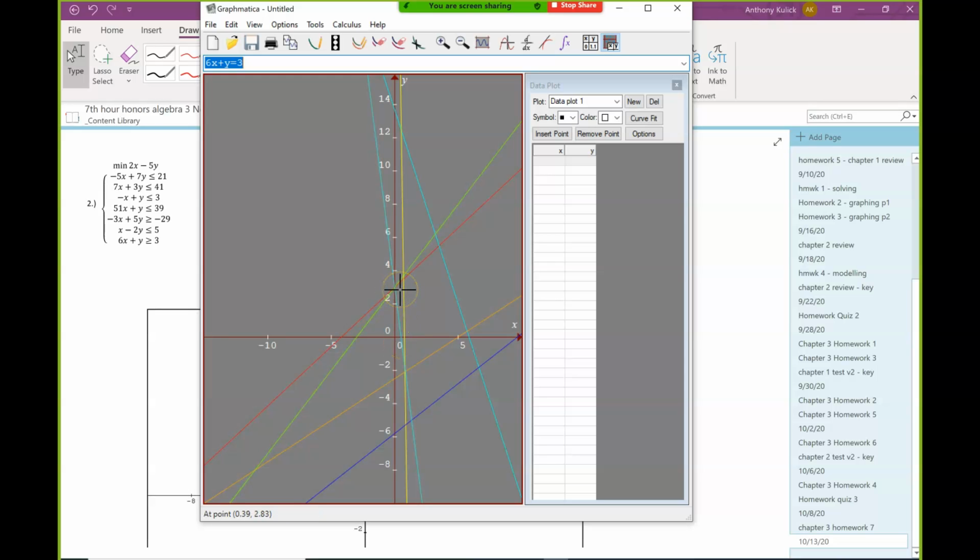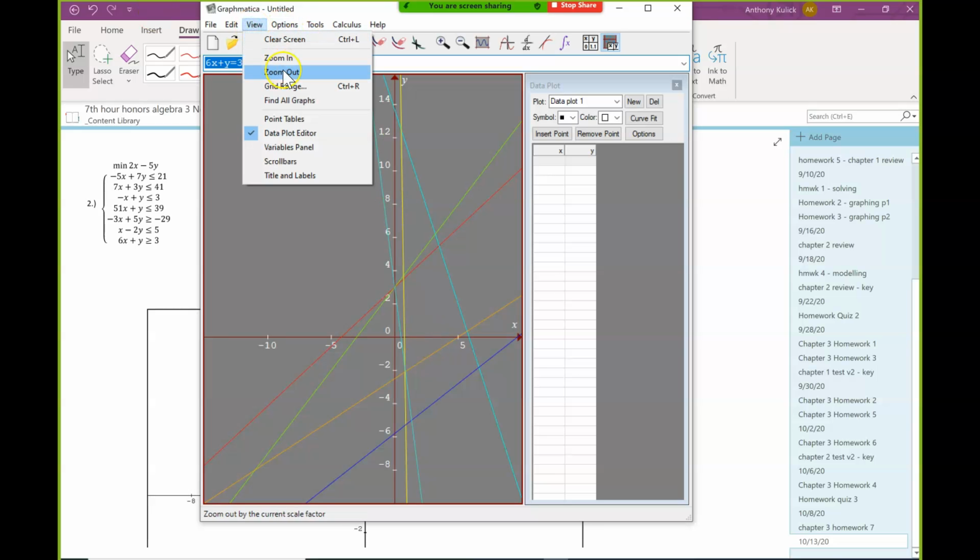So again, I'm going to readjust my window a little bit so I can get a better look at what's going on there. It looks like if I go from negative 2 to positive 4 on the y, and then from like negative 1 to positive 2 or so on the x, that'll probably be good.